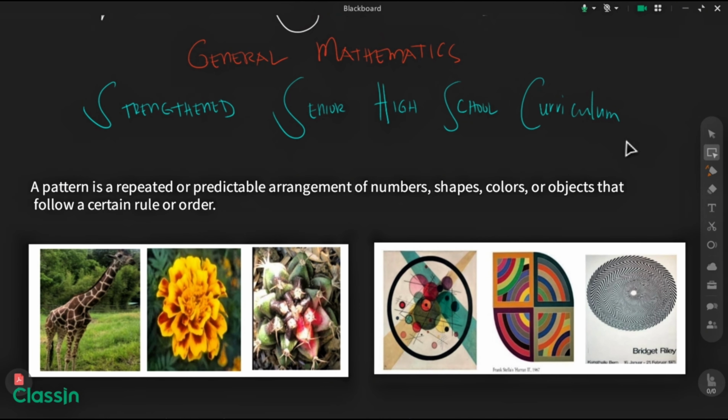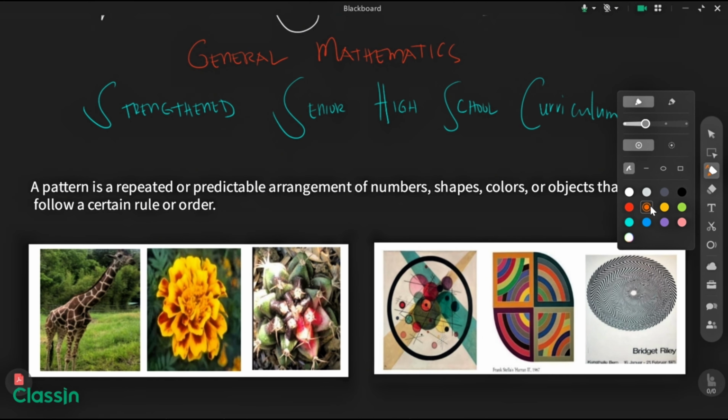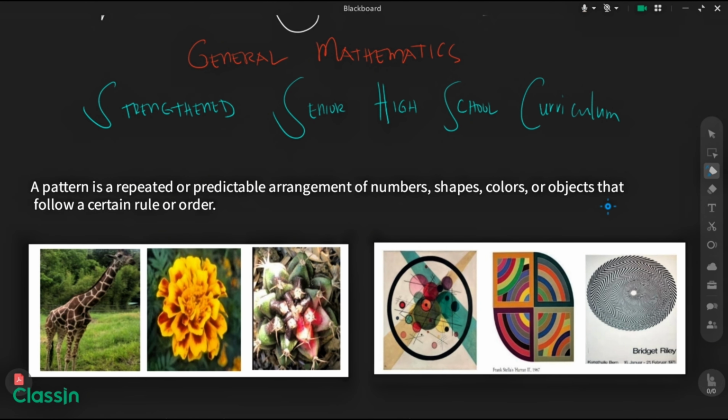So a pattern is a repeated or predictable arrangement of numbers, shapes, colors, or objects that follow a certain rule or order.